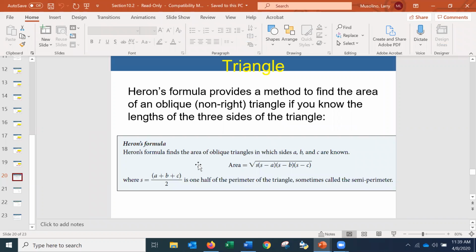Okay, notice here it says, Heron's formula finds the area of an oblique triangle. Oblique means non-right angle, where you know the lengths of the 3 sides. The only thing is you got to calculate this quantity S. This quantity S is just adding up the 3 sides and dividing by 2. All right, why don't we do an example then?